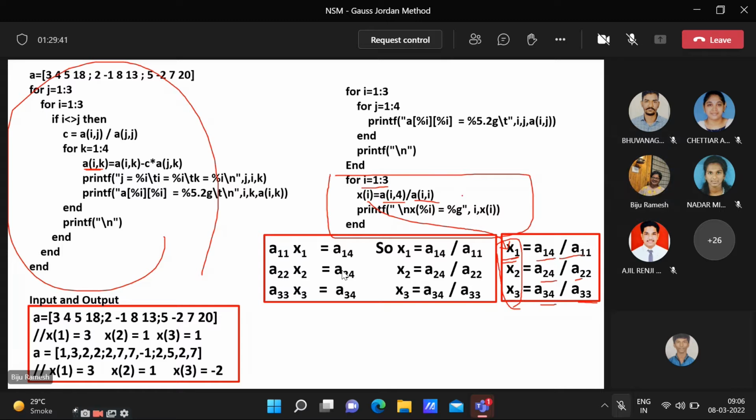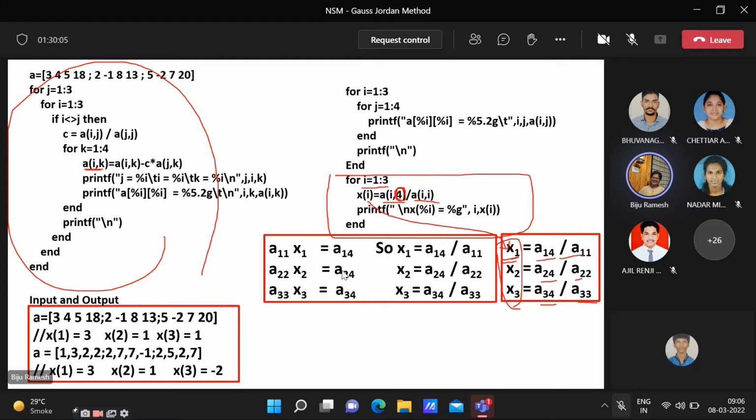Here, this is easy. We have to use 4 because that is the RHS. We have to explicitly say 4. Now, if you have an equation with more than 3 variables, then here you will write I comma 5. If you have an equation with 5 variables, here you will write I comma 6.